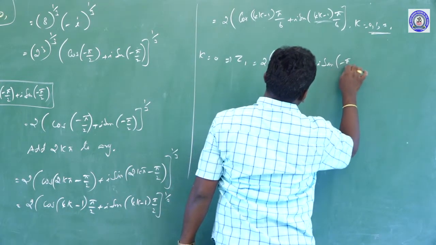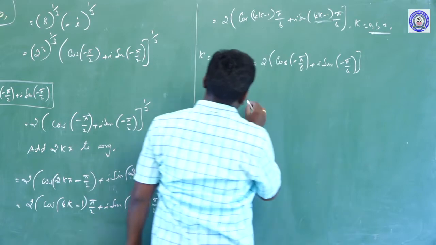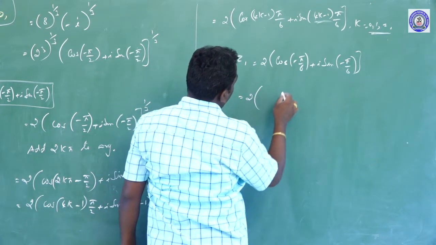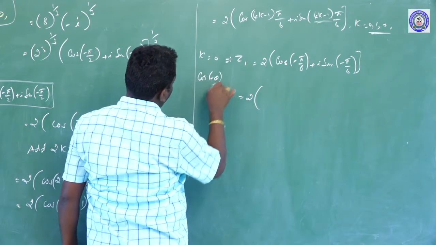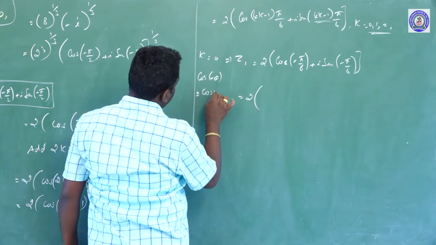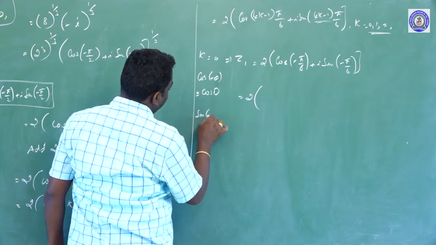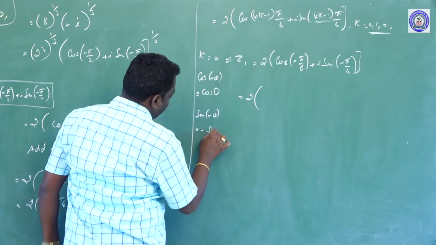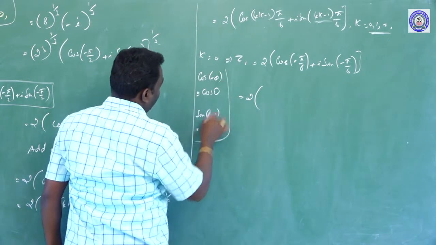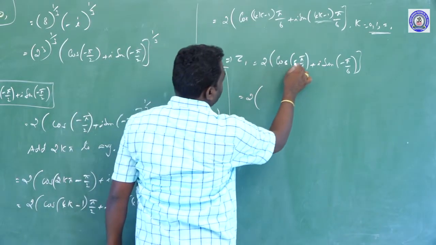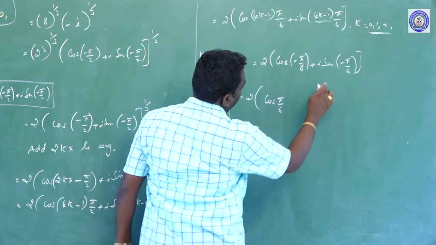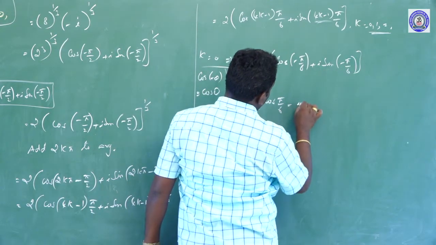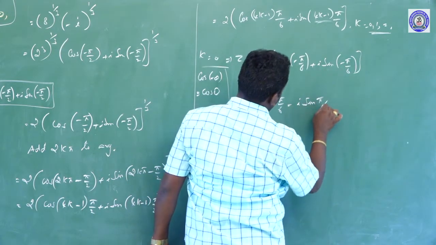That is the first one, equal to 2 into, applying the formula cos of minus theta equals cos theta, but sin of minus theta equals minus sin theta. Apply this formula here: cos of minus theta equals plus cos pi by 6, and sin of minus theta equals minus i sin pi by 6.